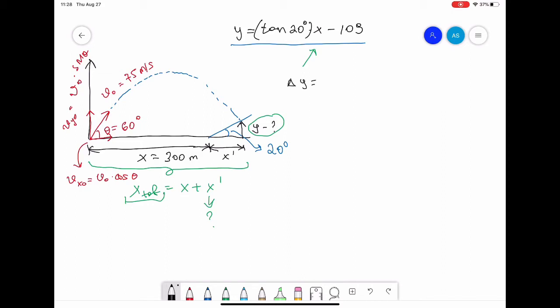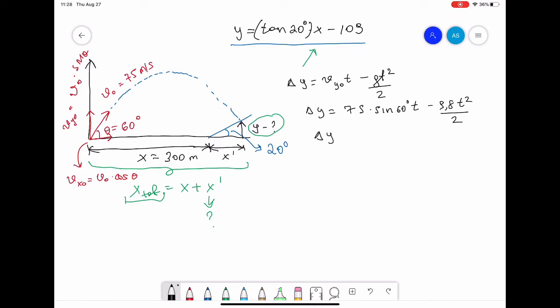Delta y is equal to vy initial t minus g t squared over 2. Since vy initial is v initial sine theta, we can straight away plug in the numbers: 75 multiplied by sine 60 degrees t minus 9.8 t squared over 2.